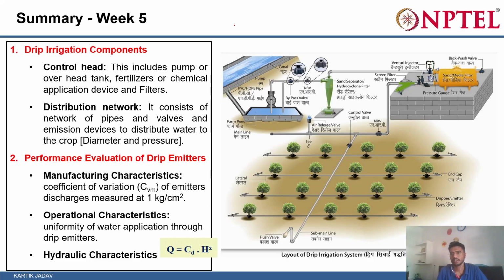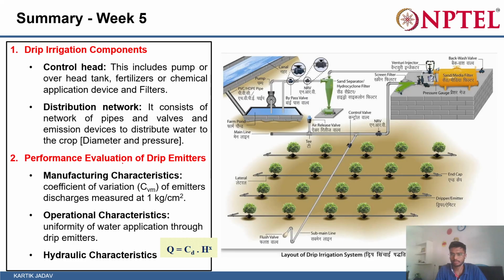The control head has the pumping unit, certain valves, and filters to remove sediments, organic matter, and other small impurities. For that we have different kinds of filtration, which we also covered: sand filter, hydrocyclone filter, and media filters.